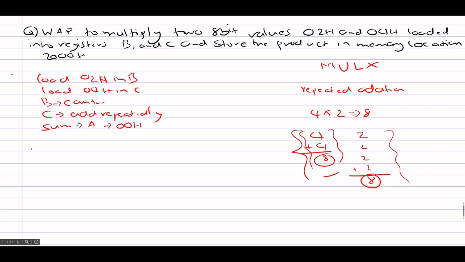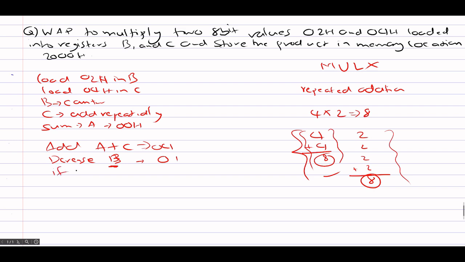So now we first add A plus C. So 00 plus 04 would give me 04, and the result would be stored in the accumulator itself. Now we are going to decrease the value of B. So B will be 01 from 02, and then we will check if this B value has reached 0 or not.